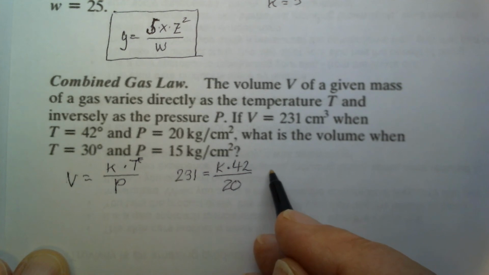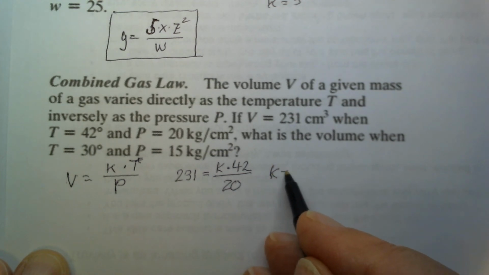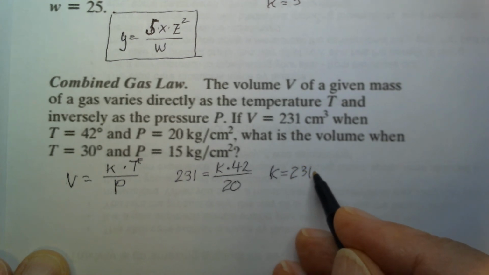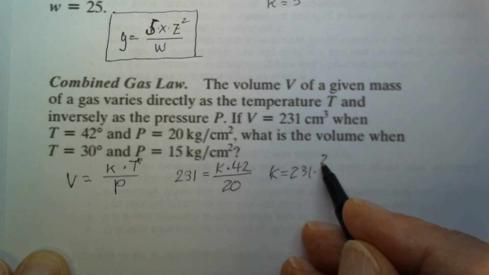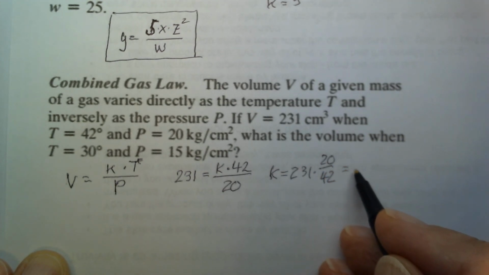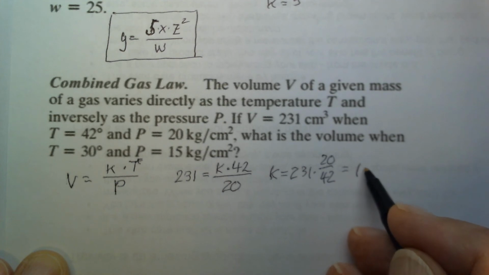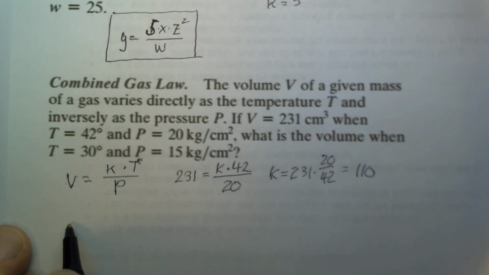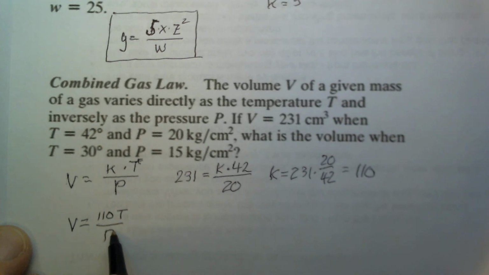So then solving for k, k is equal to 231 times 20 divided by 42, and that is equal to 110. So our equation of variation is V equals 110 T divided by P.